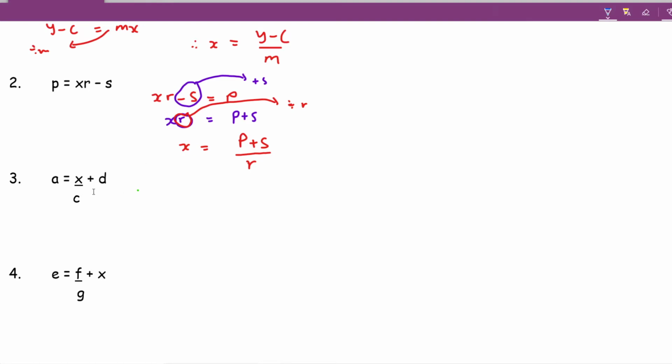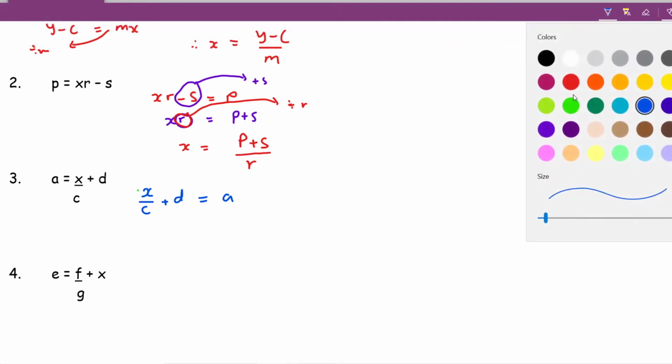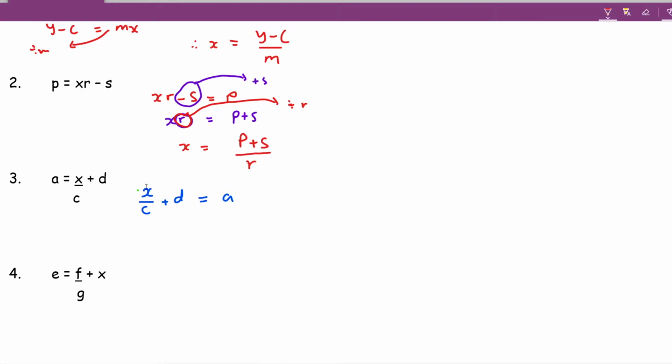So again, let's rewrite this in the form of x over c plus d is equal to a. I always like to have my unknown, what I'm trying to work out, on the left hand side. You don't have to do this, it's just one of my preferences.